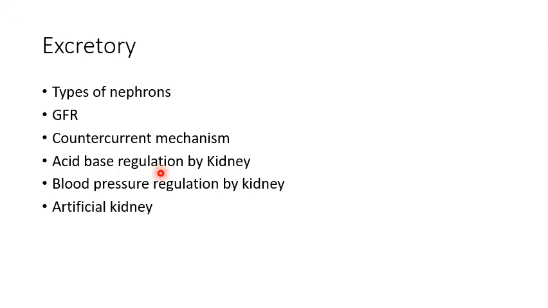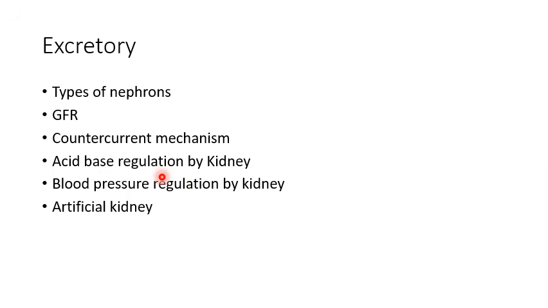They are very important. How they regulate the H plus ion by secreting more H plus ion when there is excess H plus ion in the blood, or by reabsorbing bicarbonate. So this is a correction of the H plus ion level by the kidney.